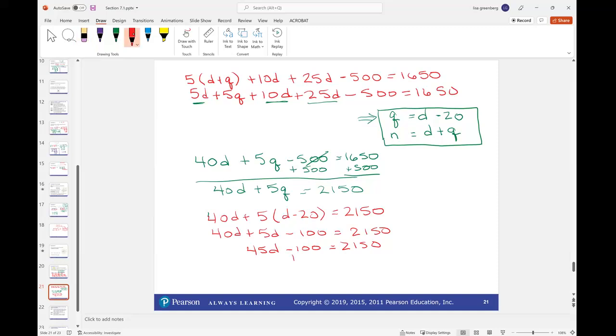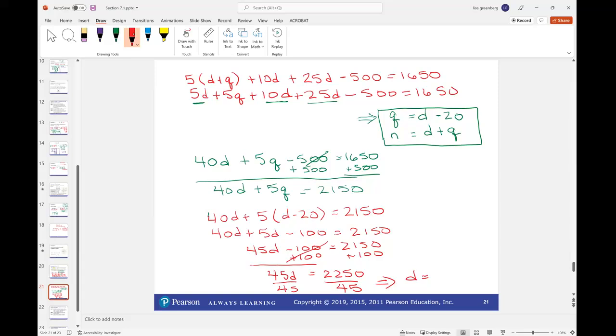So I add 100 to both sides. These cancel, I get 45D is equal to 2250. So now I divide both sides by 45, and I get D is equal to 2250 divided by 45.